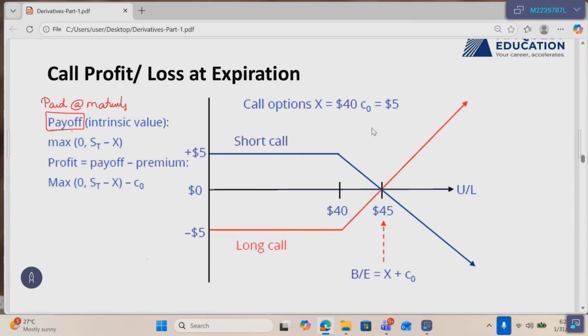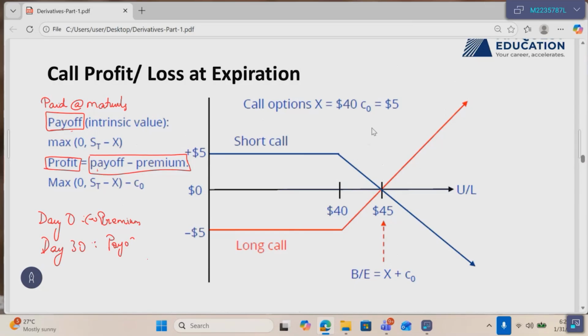And profit means the payoff you received, but don't forget you paid a premium at the start of the option contract. So when I bought the option, on day 0, I paid premium. So premium is a sunk cost. But on day 30, let's say maturity, I am going to get a payoff.